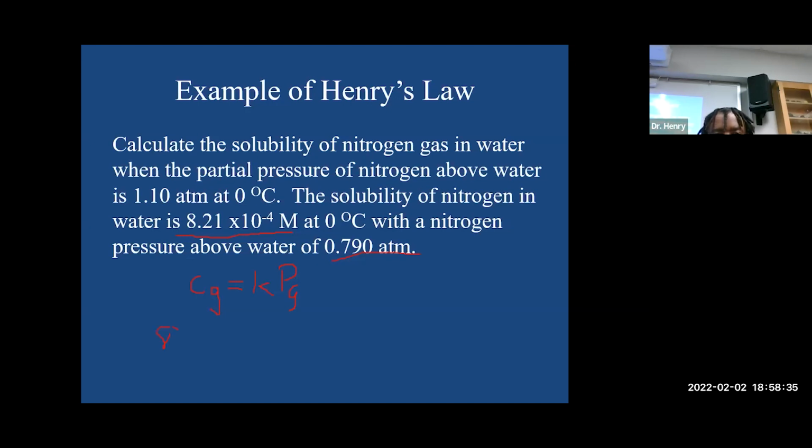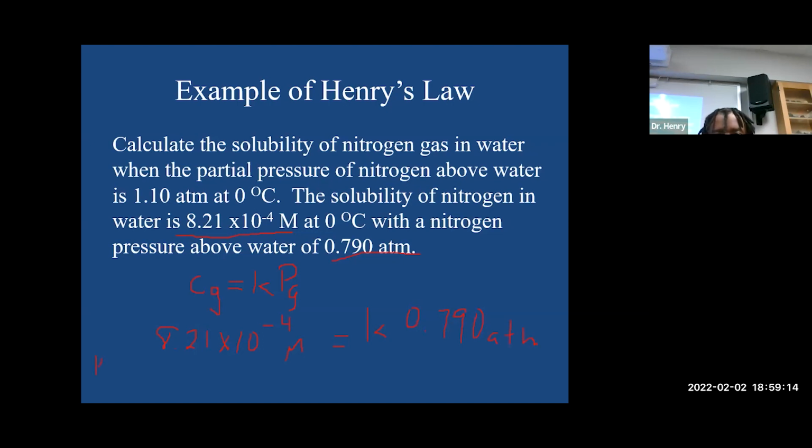So you're going to say 8.21 times 10 to the minus fourth molar is going to equal K Pg, where Pg is going to be equal to 0.79 atm.